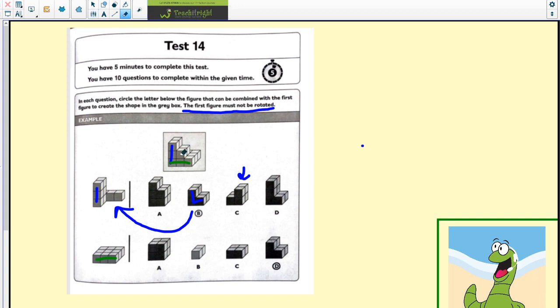Now I can understand it would get quite messy, in terms of, you don't really spend any time rubbing out, but you can do lots of little dots and ticks and peels and counting to make sure you have the right number of shapes. And again, as a last resort, if you can't just spot where it goes, the last step you can always do is count the number of shapes they've given you, count the number of shapes here, and you can eliminate down some options. For example, B is only 2 cubes, there's no way I can get, I need to add on 6, so 2 isn't there.